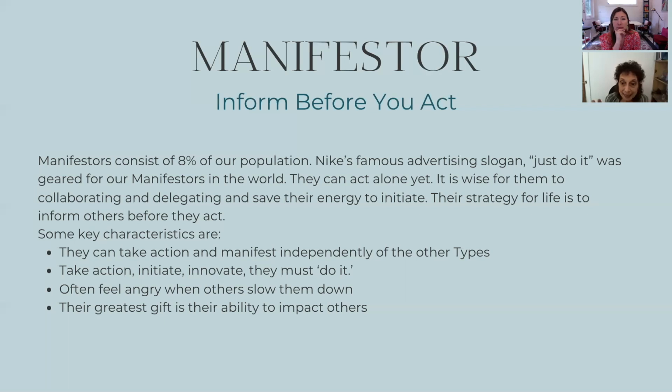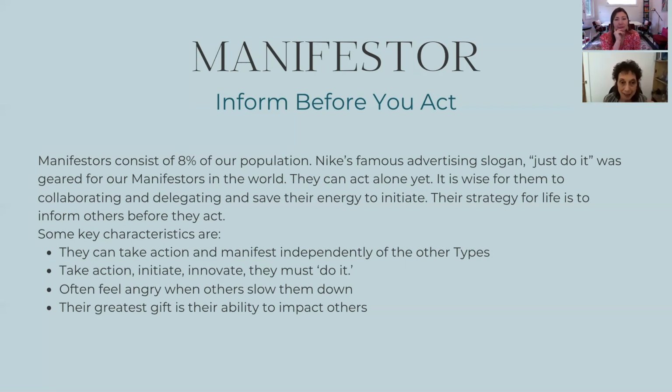That famous Nike advertising slogan, just do it, that most of us have lived by, 100% of the population, we were told just go do it, right? Just do it. And really there's only 8% of the people on the planet that can really live by that, that is really their motto, to just do it.